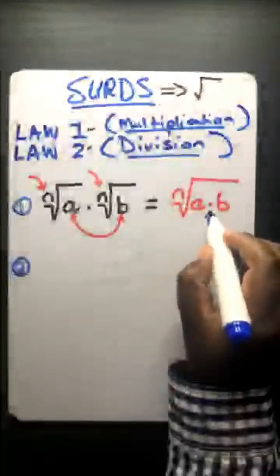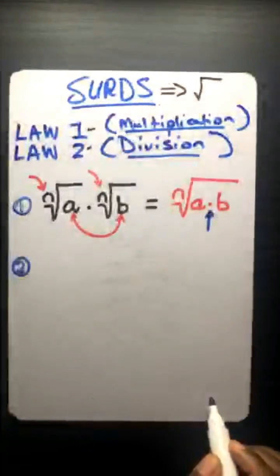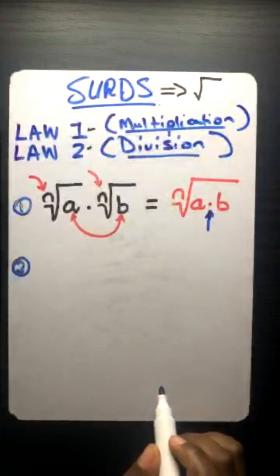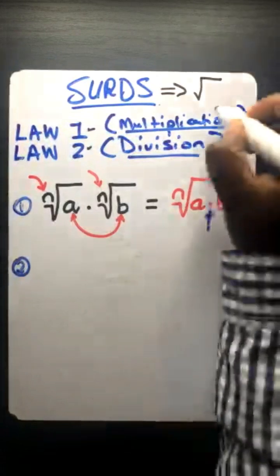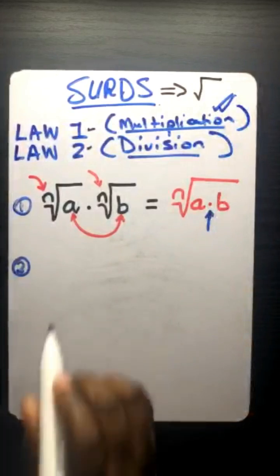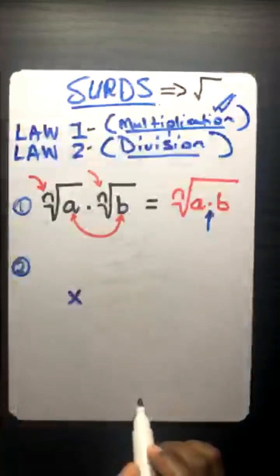Before I forget, please do allow me to explain something. Multiplication can be written or represented in multiple ways. For example, you know this sign to be multiplication.